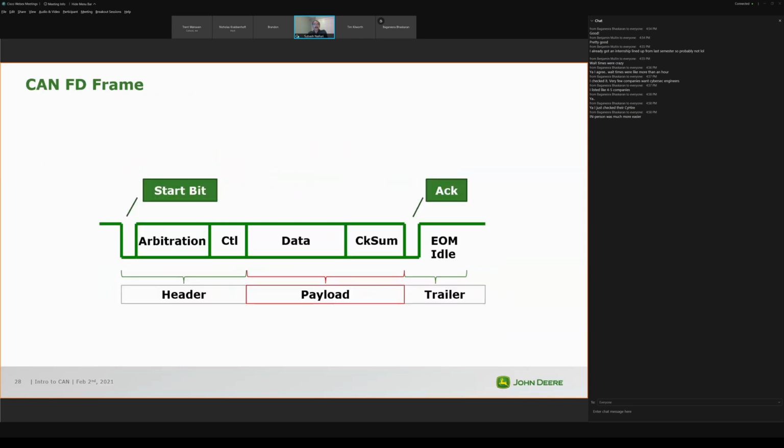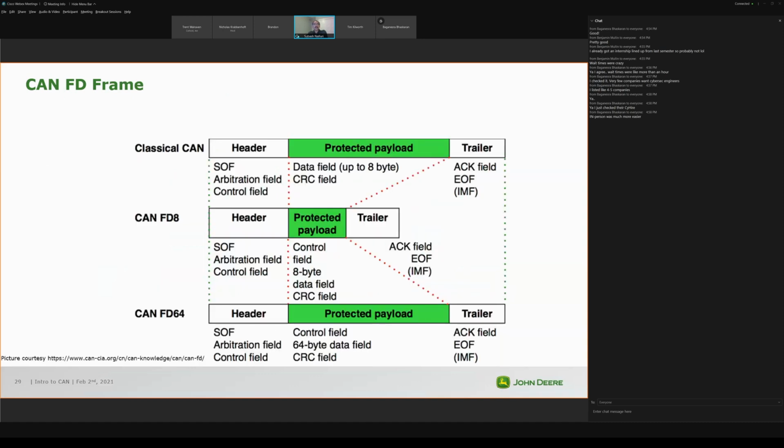From a different perspective, all we're changing is the payload; the header stays the same and the trailer stays the same. In a different view, CAN Classic takes X seconds to send the data. CAN FD can do it in X by 8 seconds.